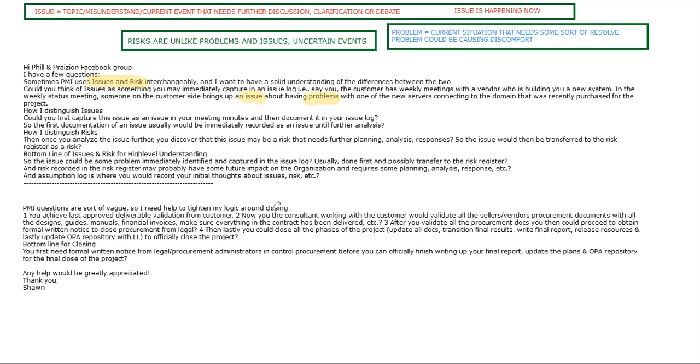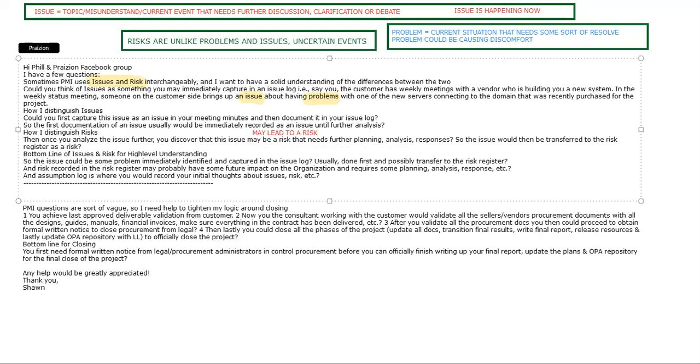A certain event could lead to uncertain events that need further clarification. So I would say, when you discover this issue may lead to a risk.